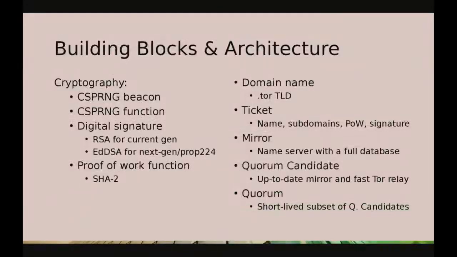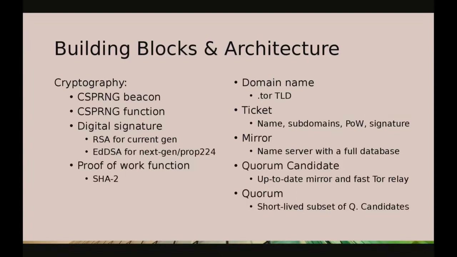So for our fundamental building blocks, we have several cryptographic functions that we rely upon, and we also have some architecture of our data structures. We rely upon a cryptographically secure pseudorandom number generator, both a beacon and a function.